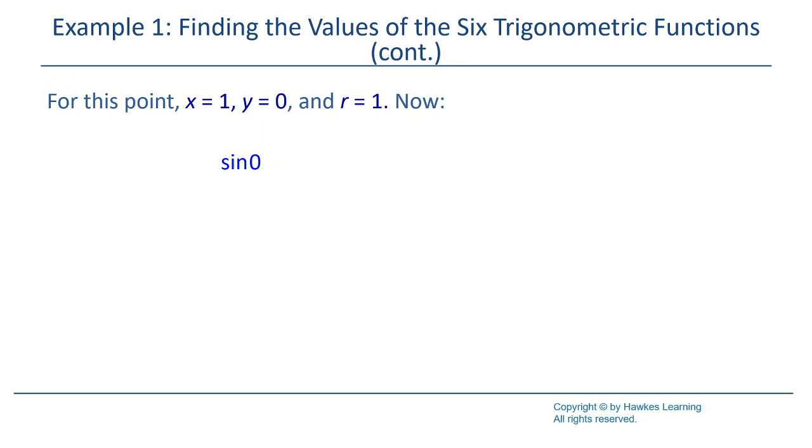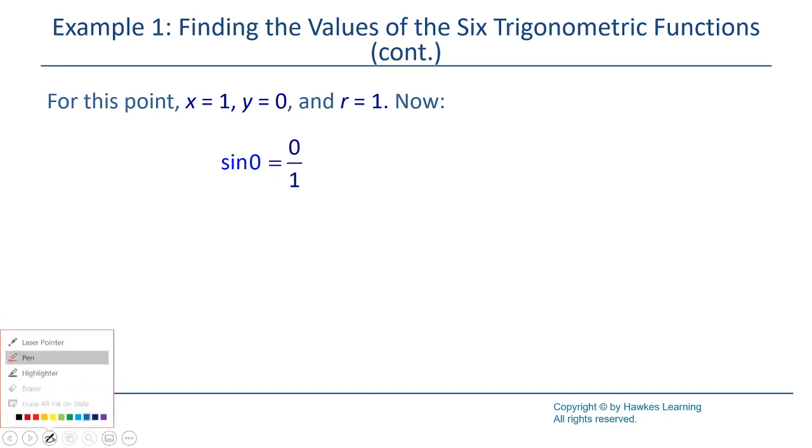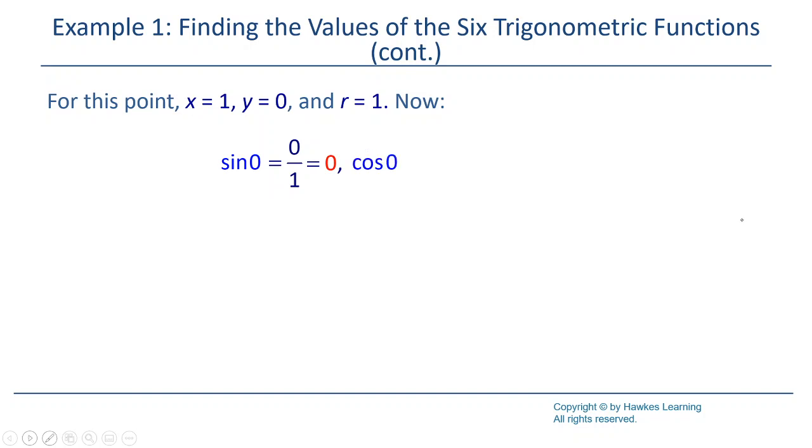So sine of 0, that's pretty easy. Remember we said sine is y over r. So y is 0, r is 1. So of course sine is going to be 0. Then if I do cosine of 0, I know that's x over r.